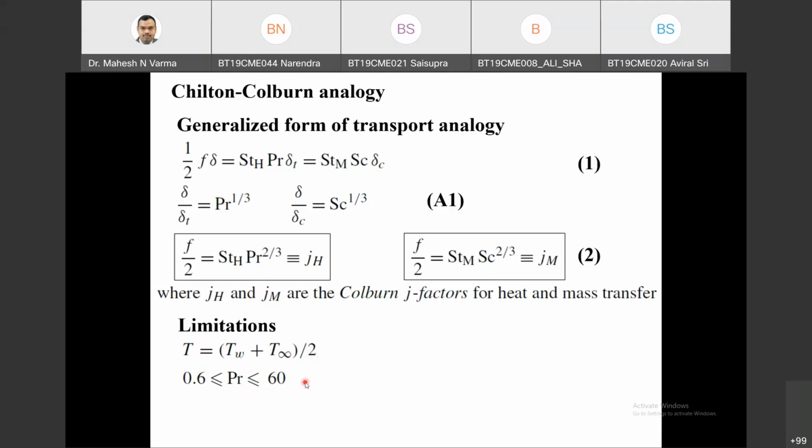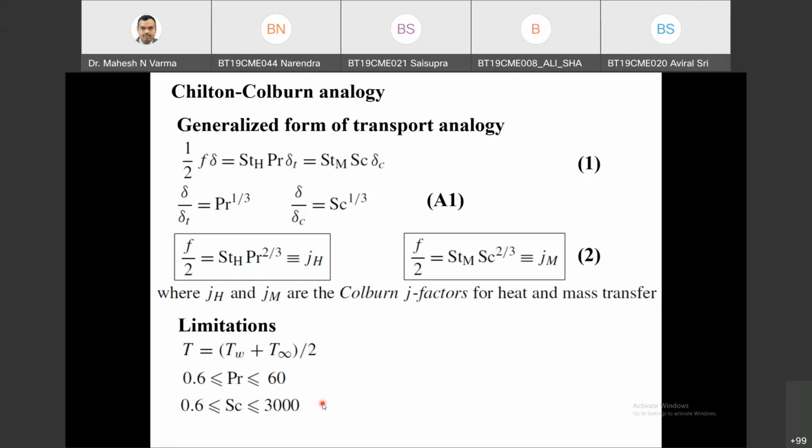Similarly, the Schmidt number should be between 0.6 to 3000. So you can see the Chilton-Colburn analogy is widely used, because it is true for gases and also true for liquids.